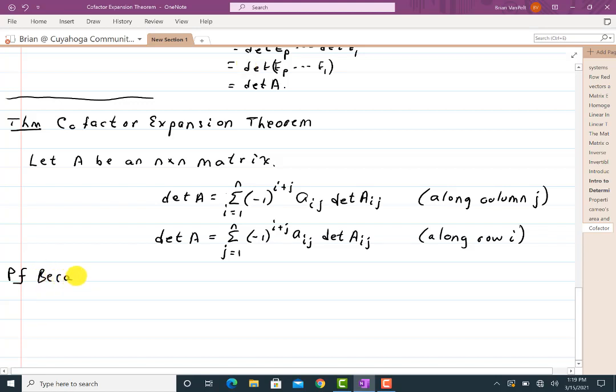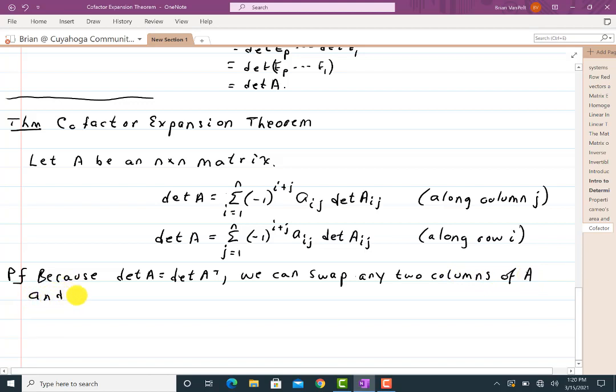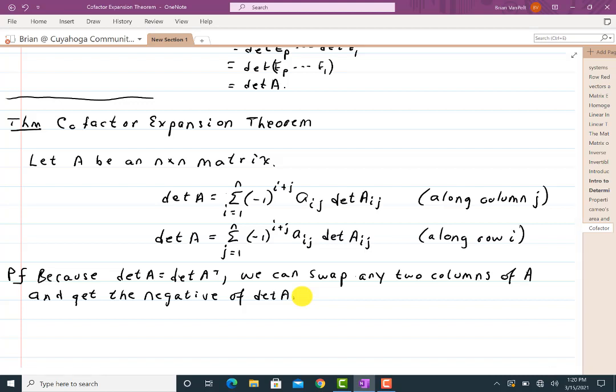Because the determinant of A equals the determinant of A transpose, we can swap any two columns of A and get the negative of the determinant of A. So whenever you swap two columns, you'll get a negative sign in front of the determinant.